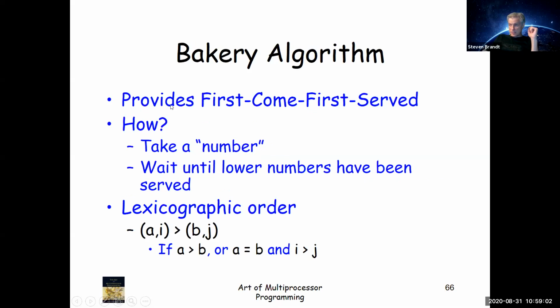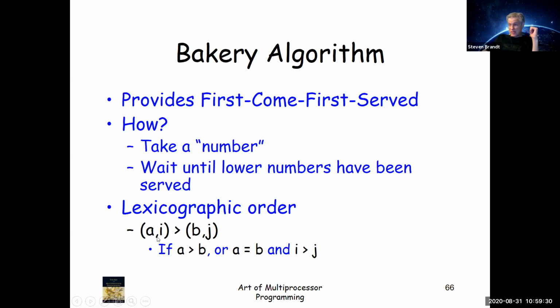The bakery algorithm provides first come, first served. And how does that work? In the bakery algorithm, we take a number and we wait until the lower numbers have been served. So this is like a deli, for example, if you've gone to a place like that. You take a little paper counter and you wait for your number to be called. And what we're going to do is make a lexicographic order out of a tuple of values.